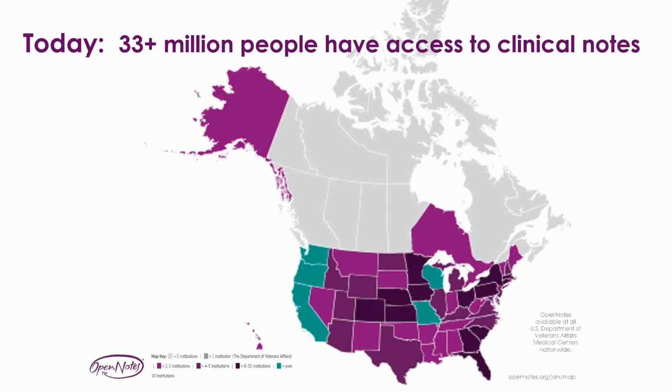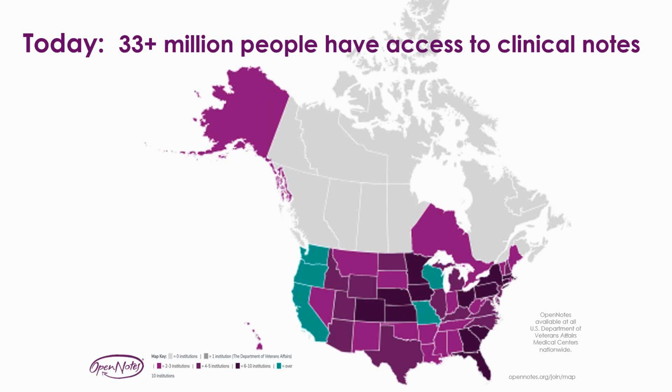you will see we now have an interactive map if you go to our myopennotes.org that you can see, and then it will list all of the organizations. But we went from 5 million 4 years ago to 33+ million having access to their notes. They're in every state in the US now.